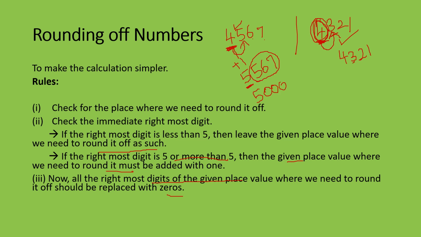And here also, all these should be changed to zeros. So this value, 4,561, is rounded off to 5,000, and 4,321 is rounded off to 4,000. These are all the rules for rounding off numbers.